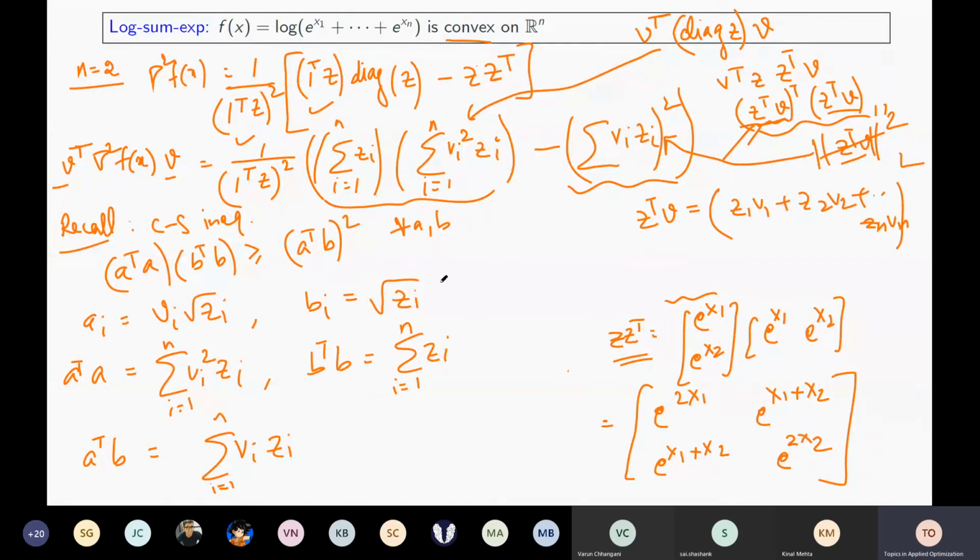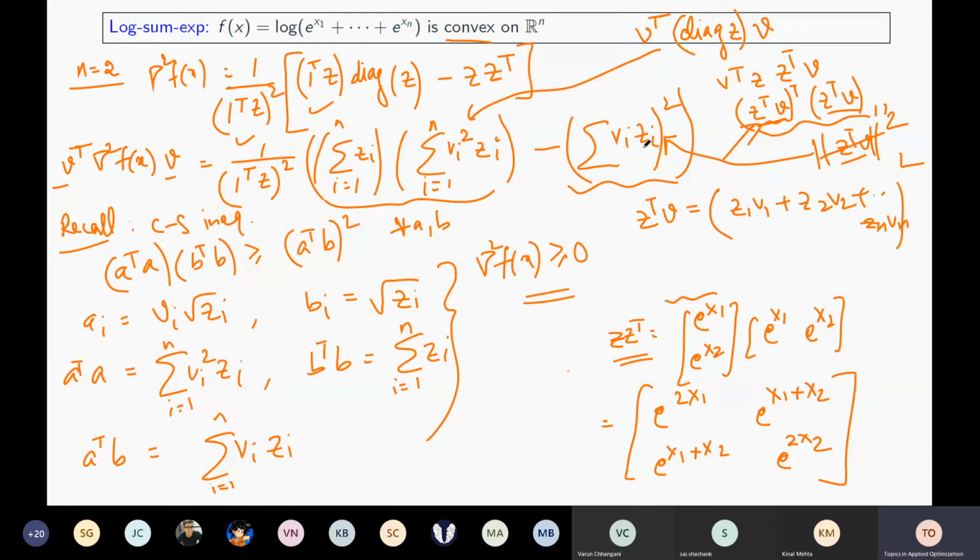So from this, from the Cauchy squares, we are now immediately sure to say that grad square f(x) is positive definite. Okay, so that's how we do this. I spent time on this because this is the trick that is used a lot in proving convexity.